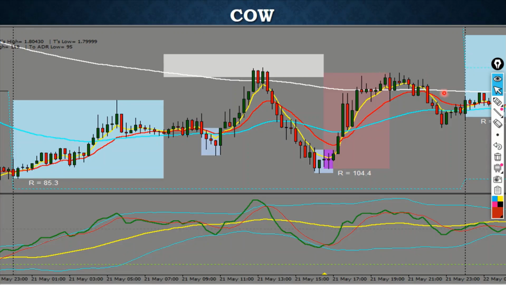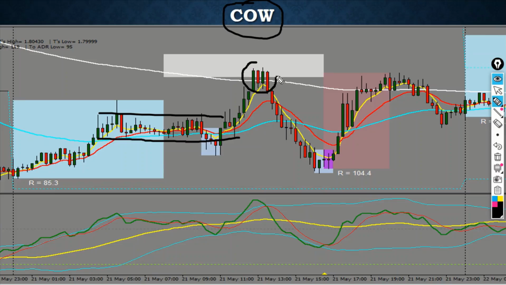Some candlestick types, as you can see them on the chart. This is what we call code of wood. It's represented as cow. We have our consolidation over here. This is tight consolidation. We have vector to the 200 EMA. Okay, we have 4 side bars.